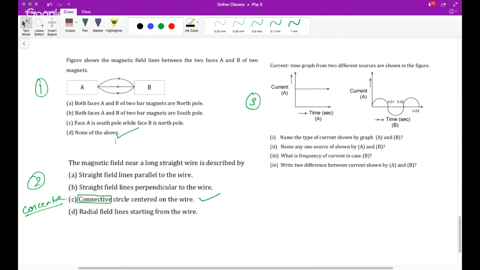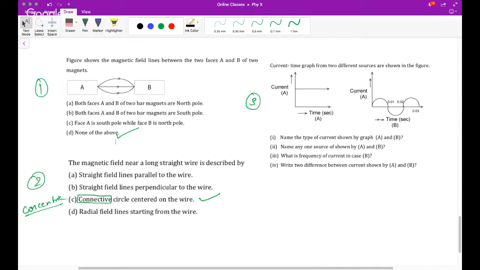A DC generator. Okay. The best example could be a cell, a dry cell. Yes, the source of A is a cell.